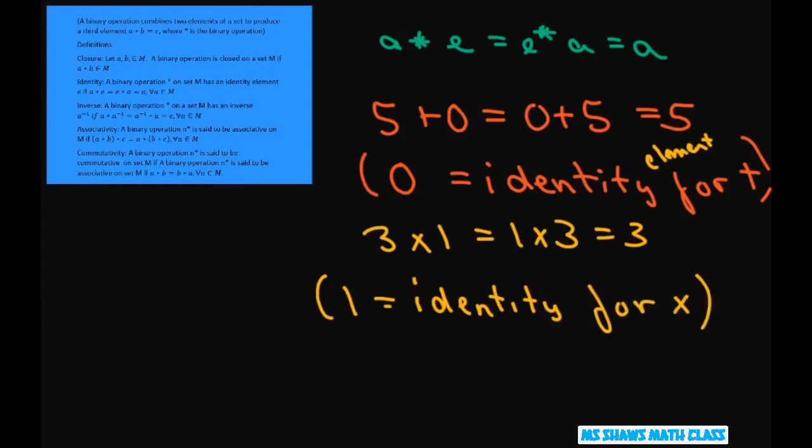All right, and now let's talk about inverse. So a binary operation on a set M has an inverse if A star A inverse equals A inverse star A, and that should all equal your identity.